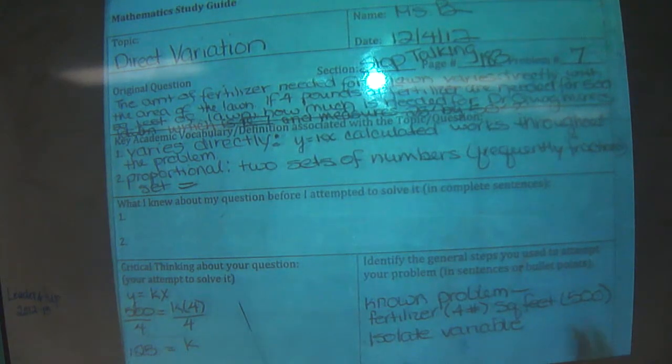We're at 125. Yeah. Okay, so we found the variable. So what we know now, we're going to look at Dr. Quagmire's lawn.